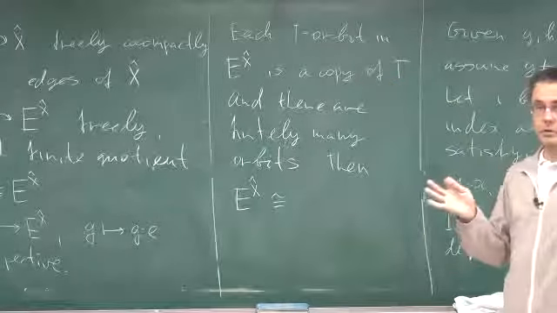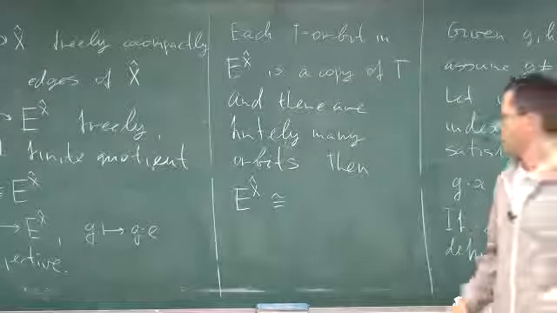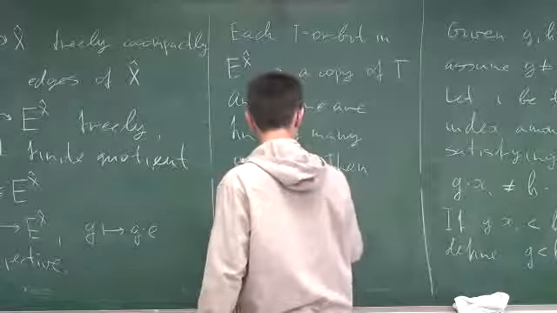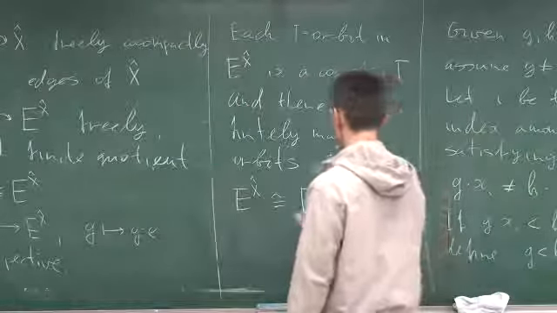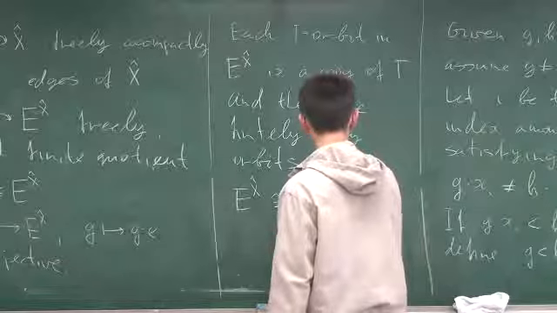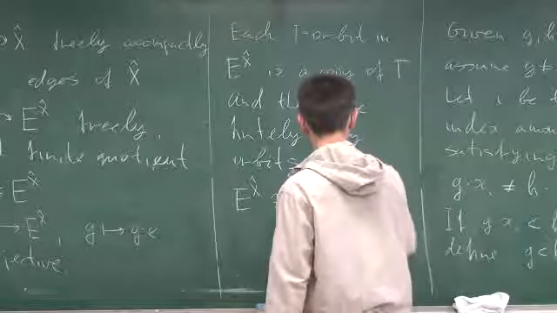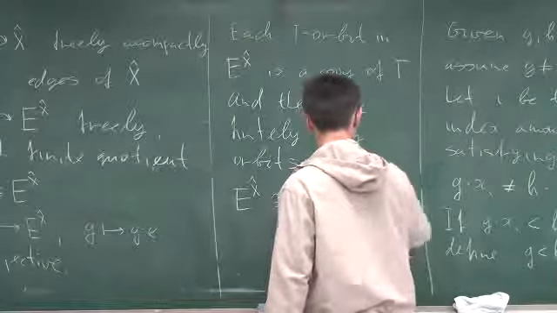So it's like a disjoint union of several copies of gamma. We can represent this as gamma cross, the Cartesian product of gamma cross some finite set.